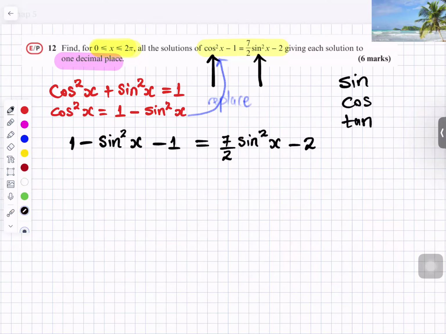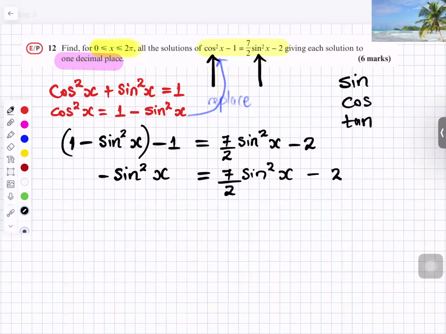Now we can put this in brackets if you want. We start to simplify it. 1 take away 1 is 0. So we would be left on the left-hand side with −sin²x equals 7/2 sin²x − 2.